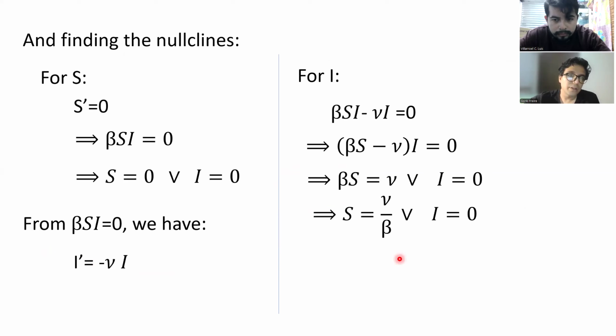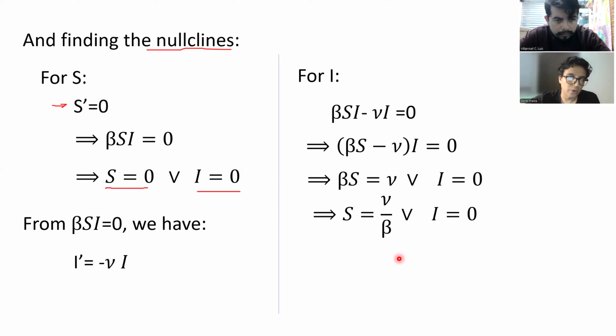We can also find the nullclines to analyze the solutions. So for S, you set the derivative of S to 0, and we remember that it was beta times SI. So we get that S is 0 or I is 0.